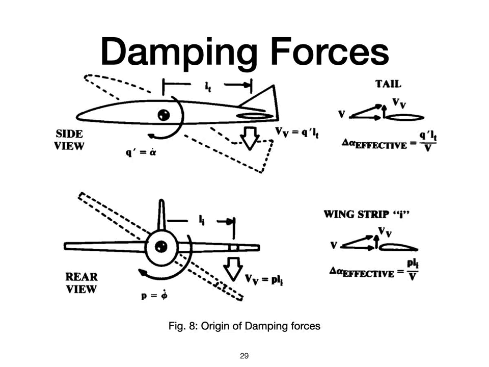The rotational damping forces are proportional to the pitch rate Q, roll rate P, and yaw rate R. These damping forces arise because of a change in effective angle of attack due to the rotational motion, as shown in the figure, from the lift on the horizontal tail during a steady pitch up and from the lift on a segment of the wing during a steady roll.